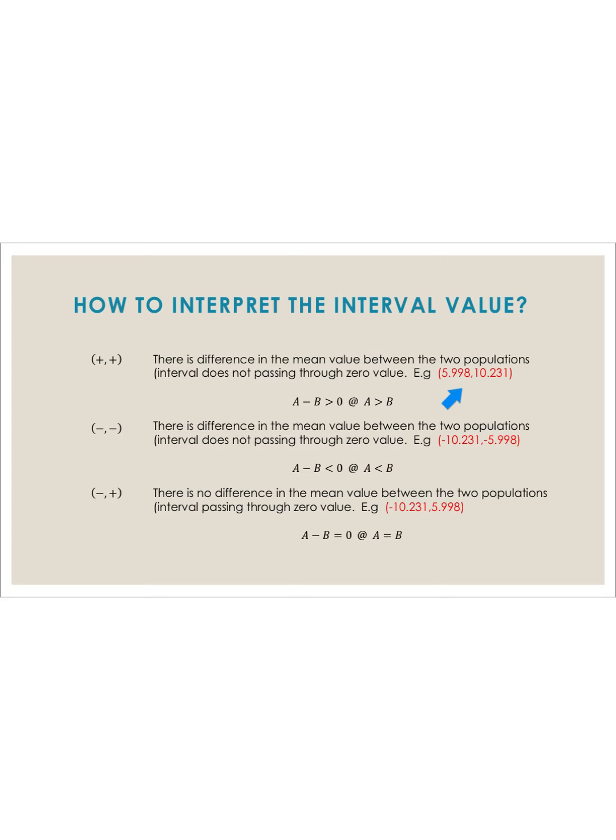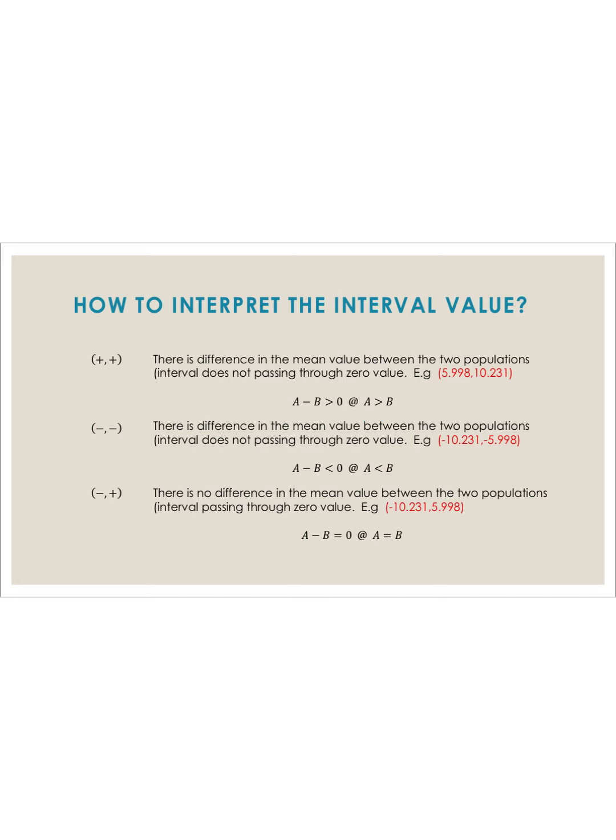Ataupun kalau nampak lagi buat garis nombor, dia lalu kosong ke tak? Untuk contoh yang ni 5.998 dengan 10.231, kat tengah-tengah dia tak ada kosong, dia tak lalu kosong pun. That's why kita boleh kata there is difference between the two population, meaning that population A tolak B, kita dapat value dia positif, greater than 0. Ataupun kita boleh kata juga mean population A is greater than mean population B.